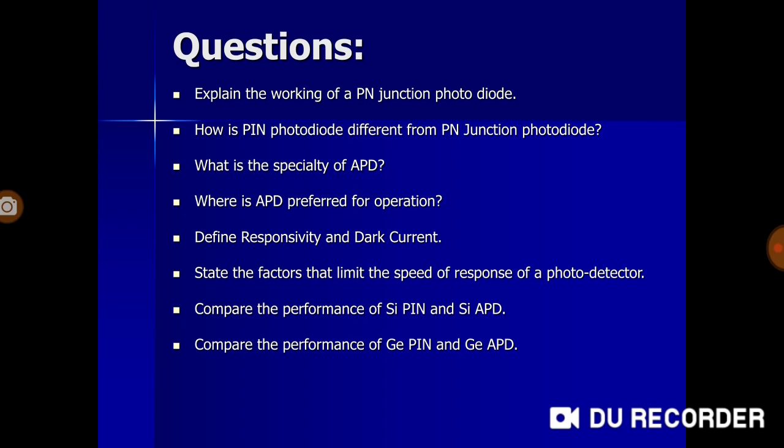What is the speciality of APD? Where is APD preferred for operation, that is, its specified applicability? Define responsivity and dark current. State the factors that limit the speed of response of a photodetector. Compare the performance of silicon PIN and silicon APD, and compare the performance of germanium PIN and germanium APD.